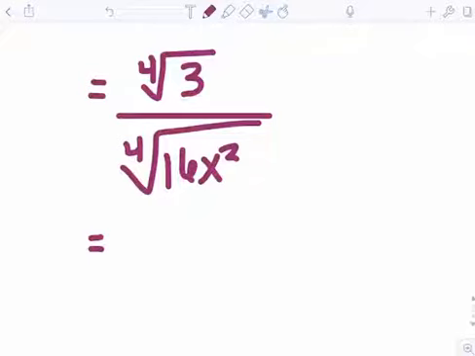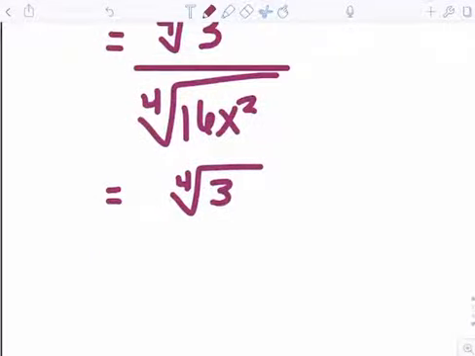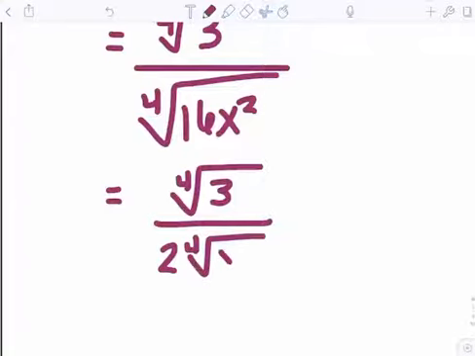I probably should have changed that. Let me go ahead and simplify what I can first in the denominator. The 4th root of 16 is actually 2. So I get 2 times the 4th root of x squared. So that x squared is still stuck inside of that radical.